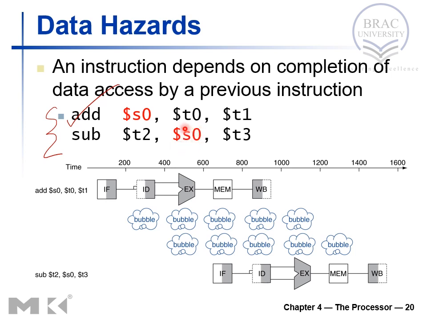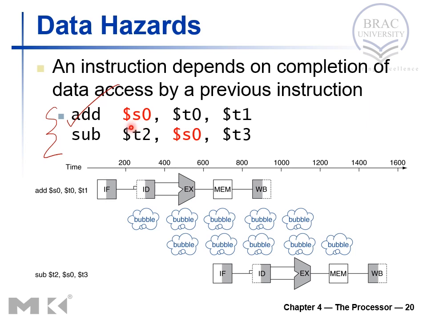So we need S0 to be ready when the decode operation is in process. But according to this sequence, it is not possible. S0 will only be ready when the write back operation is done.